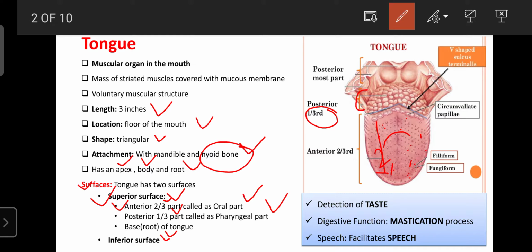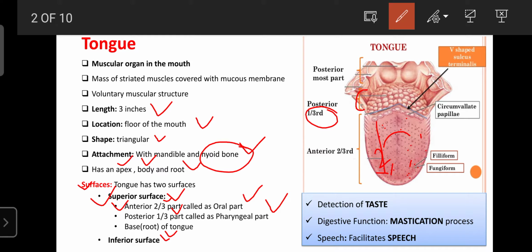So that's why the posterior part of the tongue is involved in the defense mechanism. It gives primary protection to our body from whatever microorganisms try to enter our body through the oral cavity, due to the presence of the lymphatic nodules.